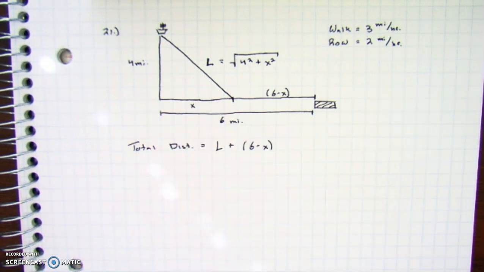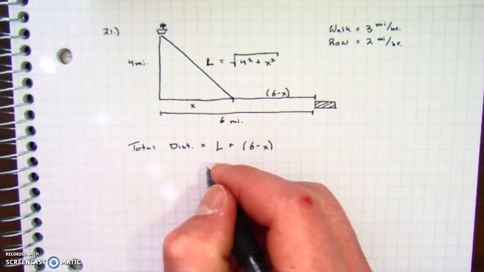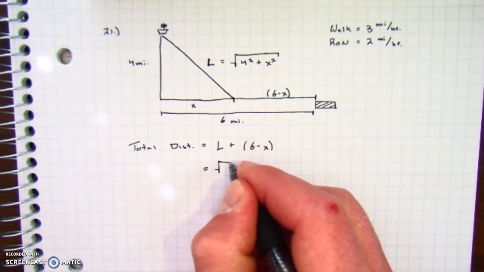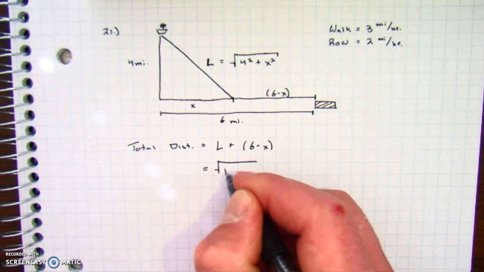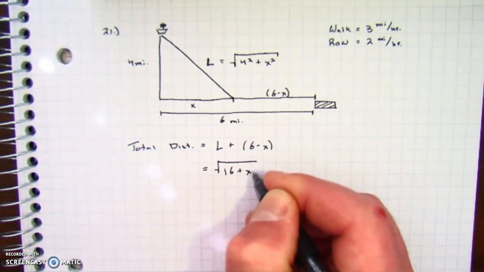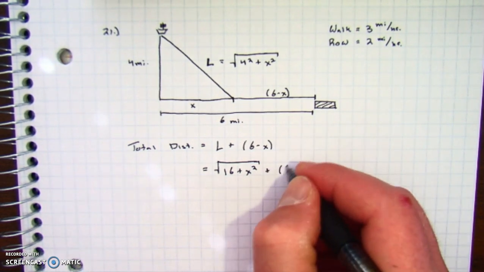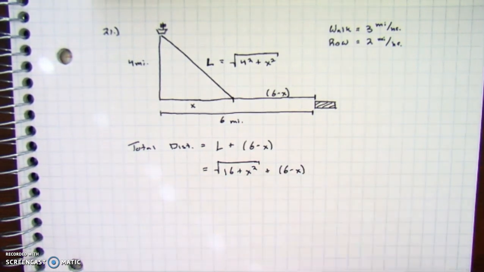So my total distance is going to be the square root of 16 plus x squared, plus 6 minus x.